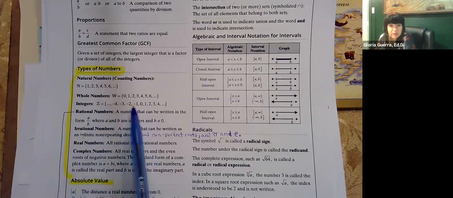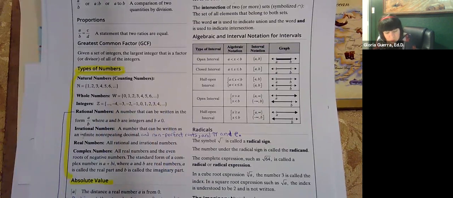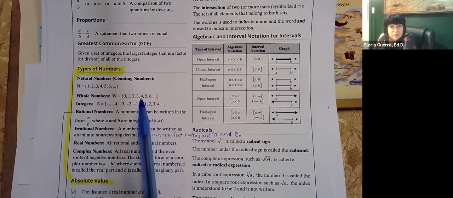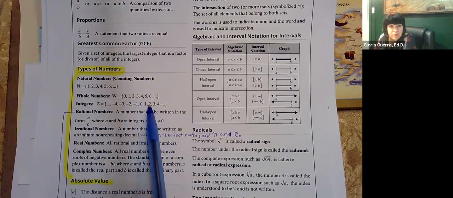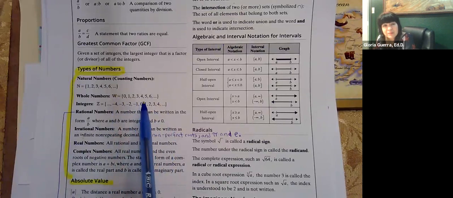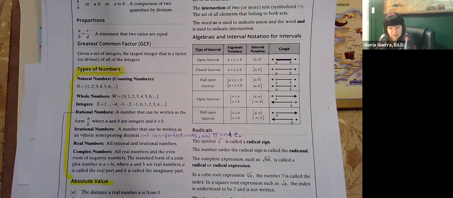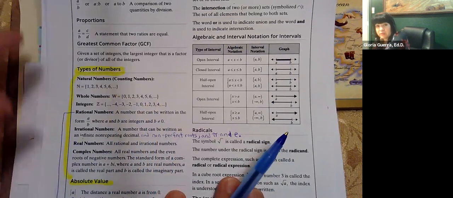You have some negatives, some positive numbers, and then 0. Notice how there are no decimals in here. And so that's true. It says all whole numbers are integers, because these whole numbers right here are also in this set. You could say that whole numbers are a subset. They're inside the integer set. So that's why that's true.